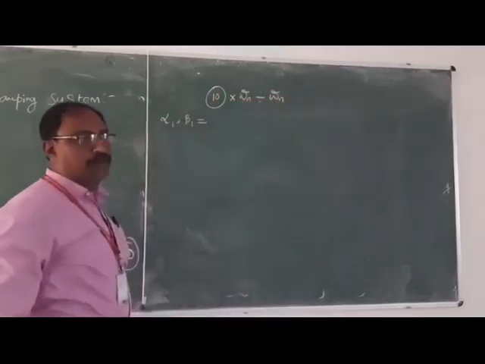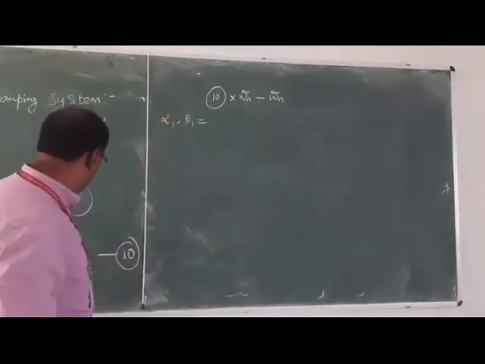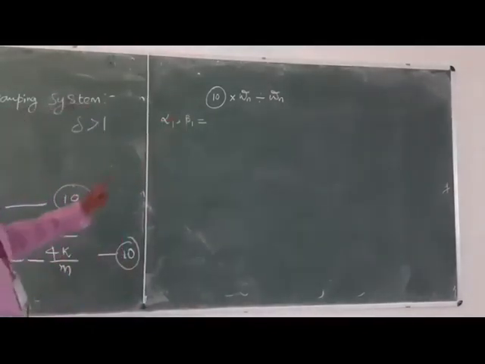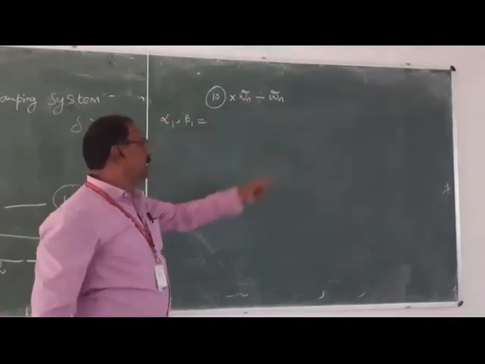What I am going to do in equation 10, all the terms I multiply by omega n divided by omega n.